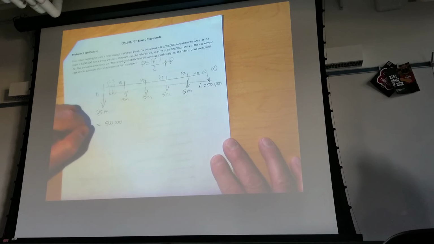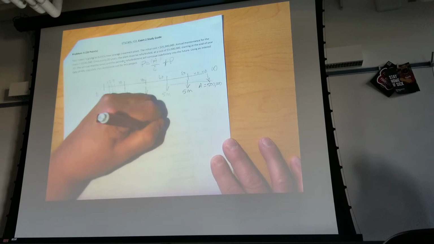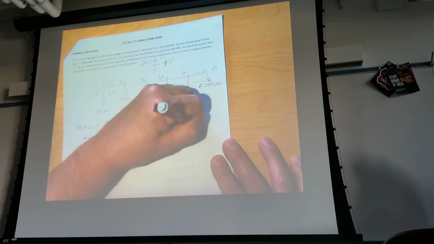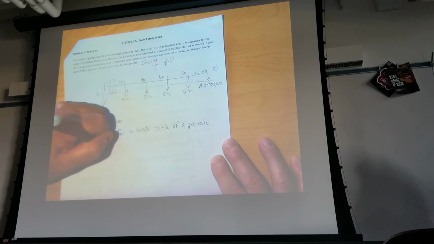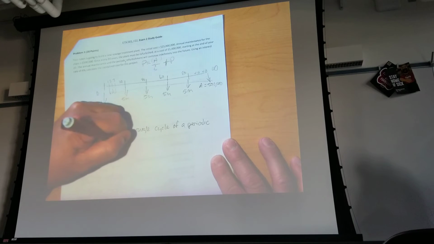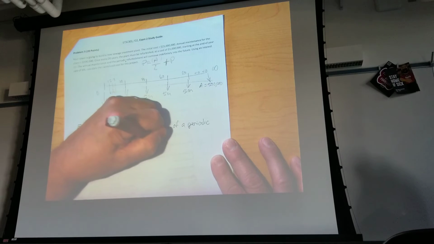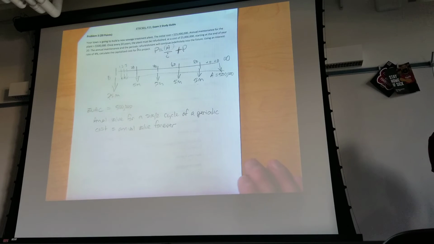The annual value for a single cycle of a periodic cost equals the annual value forever. I know I've said that like 10 times, but repetition is good for things like that.